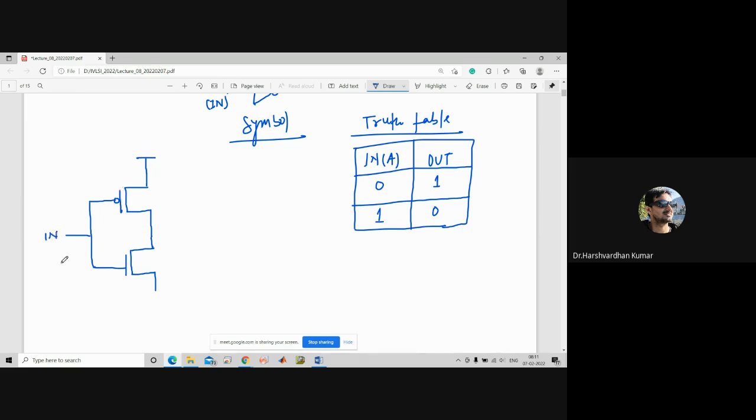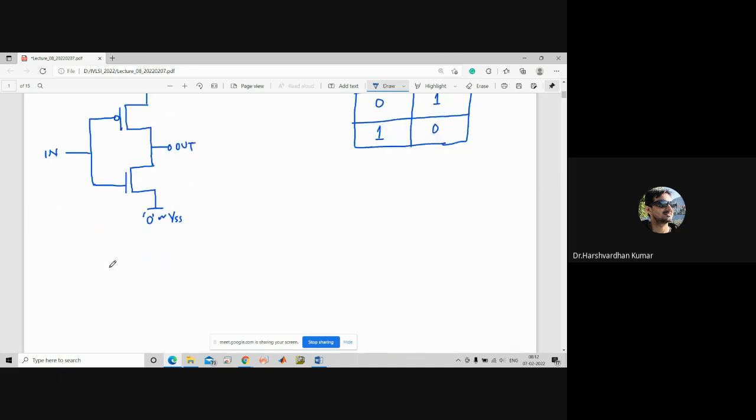Here this is VDD, or logic 1, and from here we get the output signal. Here this is ground, or logic 0, technically known as VSS. So this is the general structure of the inverter, the CMOS structure.